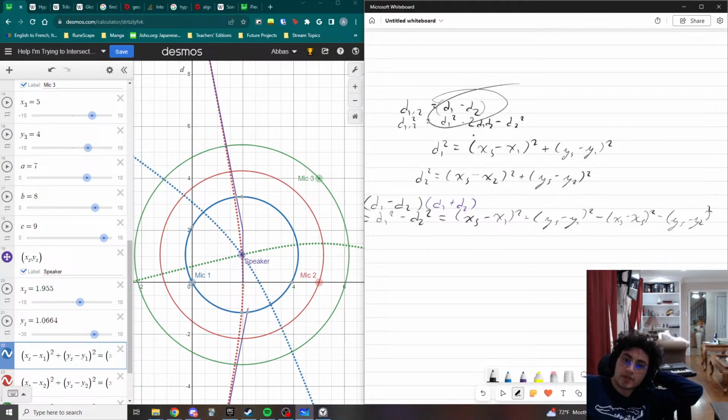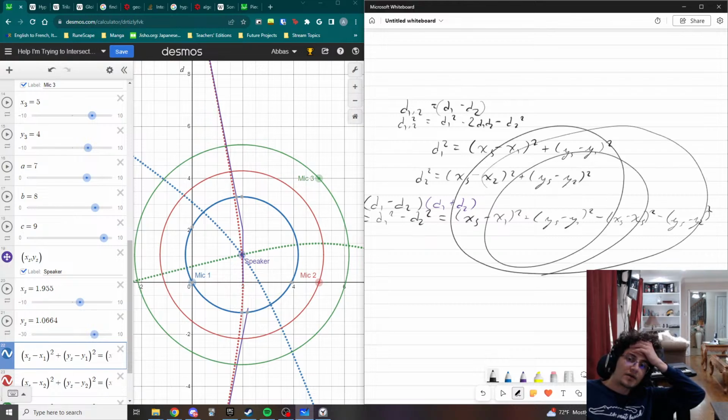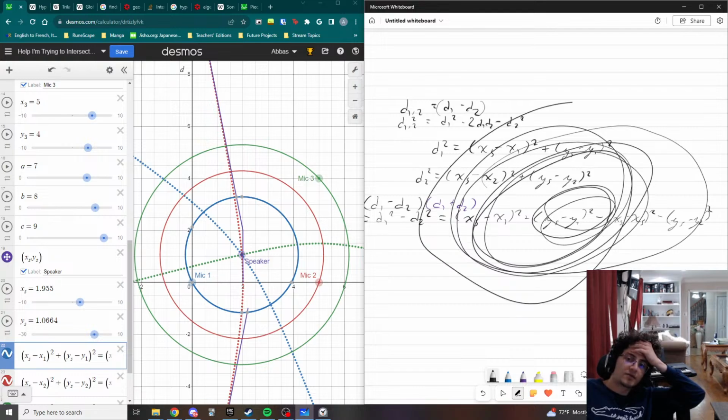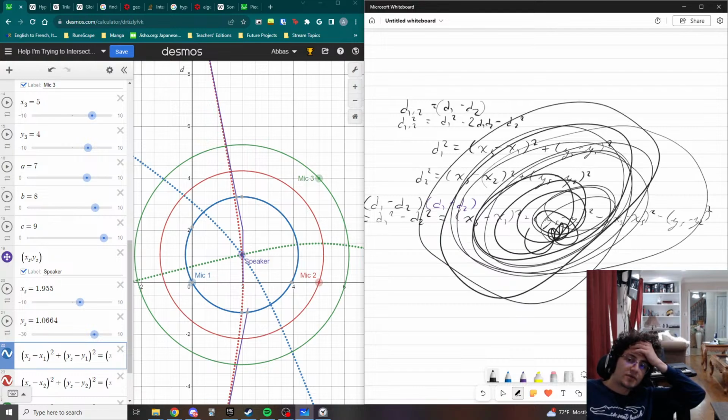This I can know because what's it called? At a certain point, like I am very much struggling on how to solve this kind of thing for y or for x. I don't really know.